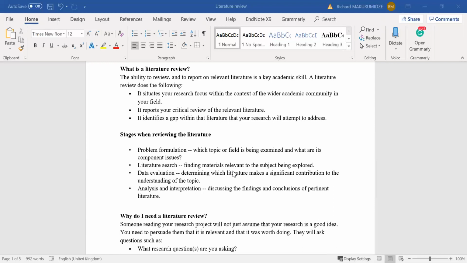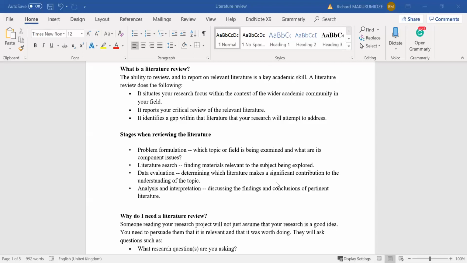After you explore the materials, you evaluate. Remember, as you search your literature, you're going to see so many documents: books, articles, and other research done by other students, either at PhD or undergraduate level. You then need to evaluate those to see which are useful for your literature review, and how many will really contribute to your topic.